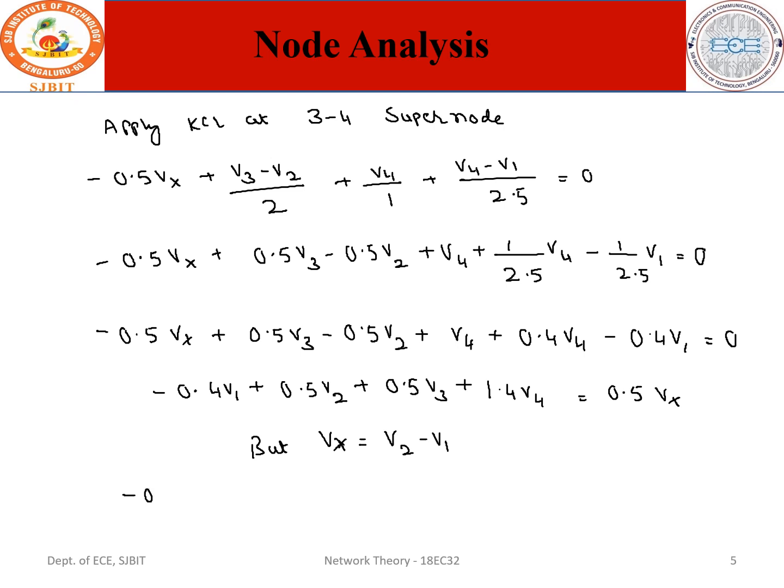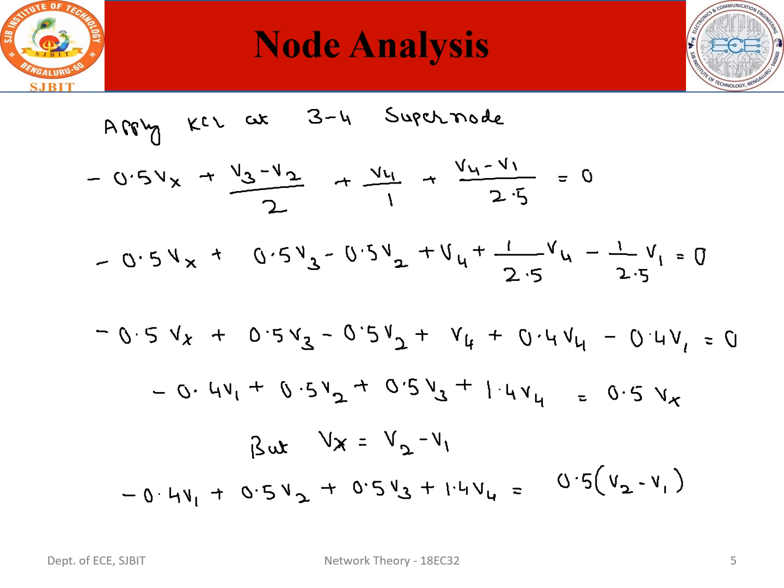Substitute this: minus 0.4 V1 plus 0.5 V2 plus 0.5 V3 plus 1.4 V4 is equal to 0.5 times V2 minus V1. Further you can simplify.